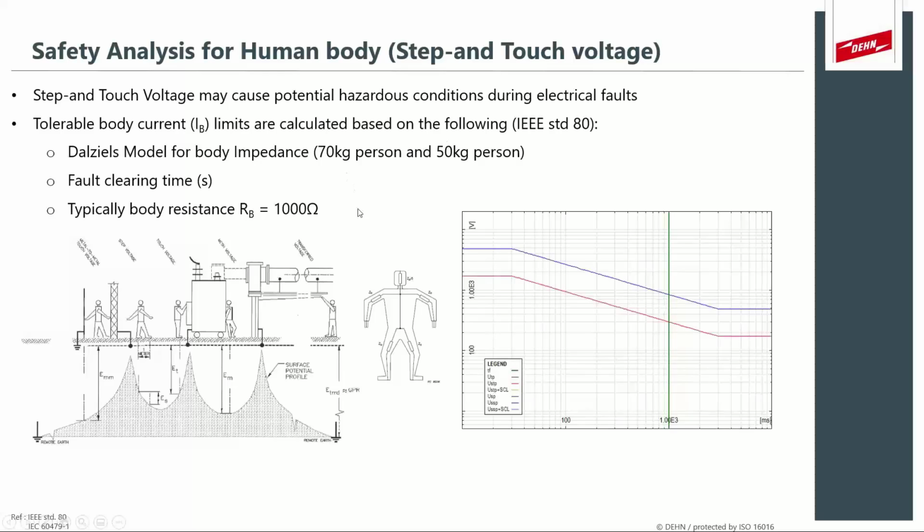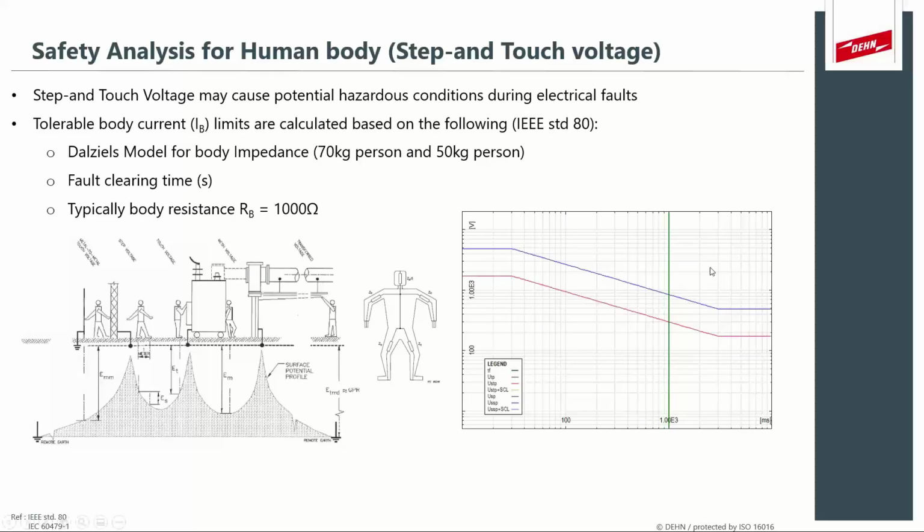And the idea is to limit the body current as much as we can as it flows. Now, in this calculation, as I said, the body impedance stays at 1,000 ohm. We know what the current limit can be. So we have to ensure that the voltage stays low enough so that we don't achieve that current in conjunction with that body resistance.